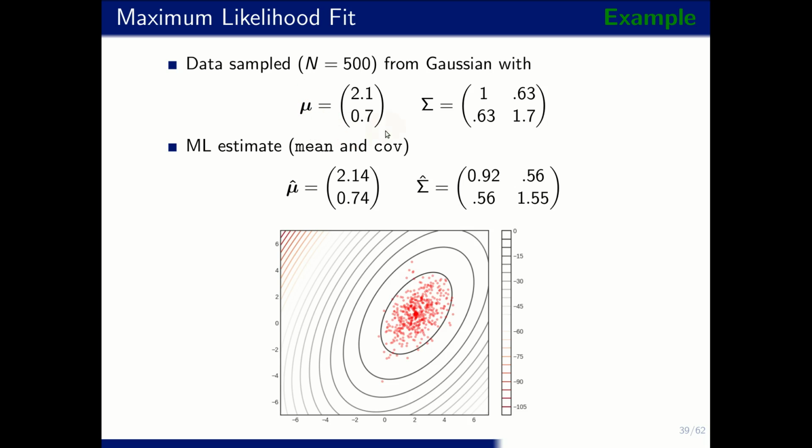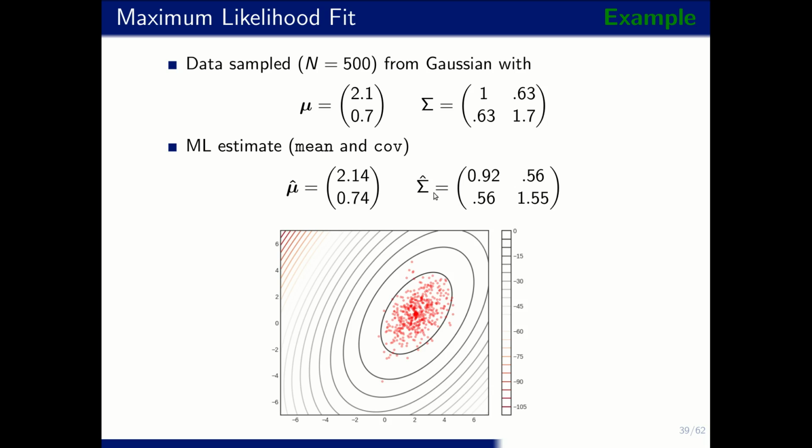So this is the true mean vector, and this is the covariance matrix, with 1 and 1.7 on the diagonal, and 0.63 in the off-diagonals. I produced 500 samples from this Gaussian, and doing the maximum likelihood estimate, so just the average over these 500 samples, gives the maximum likelihood estimate for the mean vector. This gives here 2.14 versus 2.1 and 0.74 instead of 0.7. So this is pretty close.